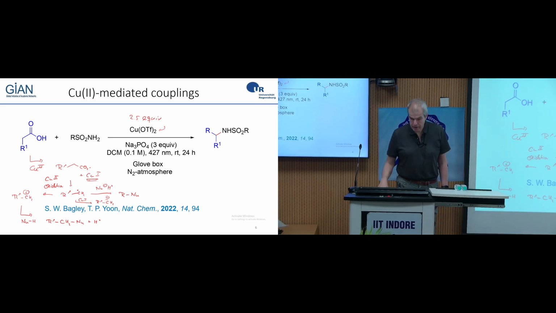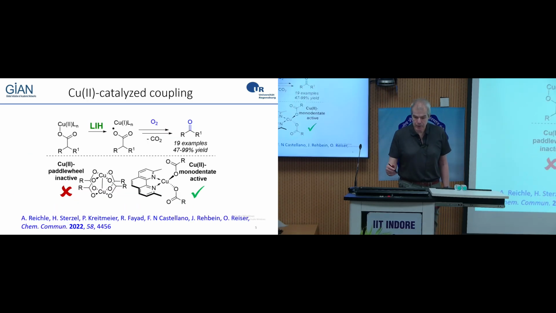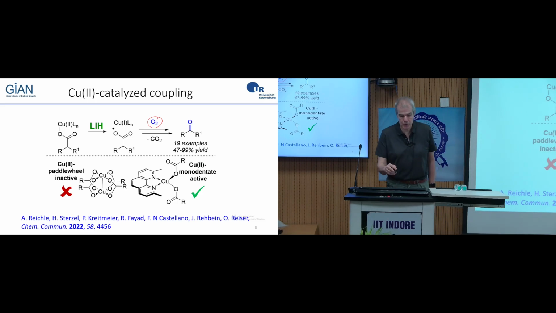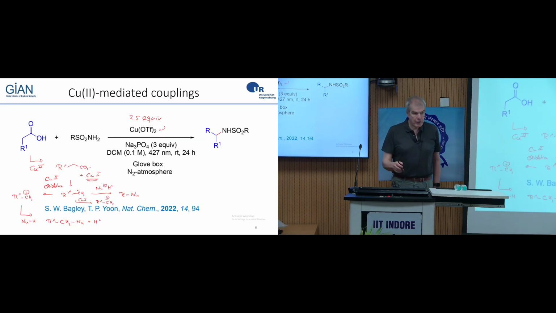And you see, the thing is, we tried something like this as well, but we tried to use oxygen as a stoichiometric oxidant, but we always trapped the radical with the oxygen rather than getting catalytic copper 2 again and then using this in the next step to oxidize the radical. So this was Yoon's first paper, and then he subsequently did the right move. What would you do if you have read this paper?